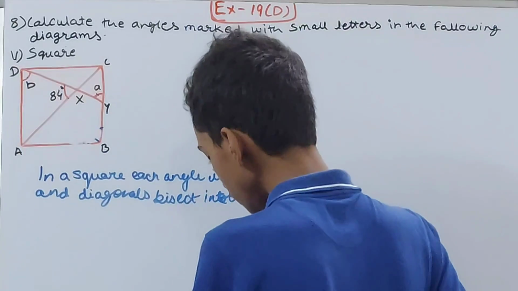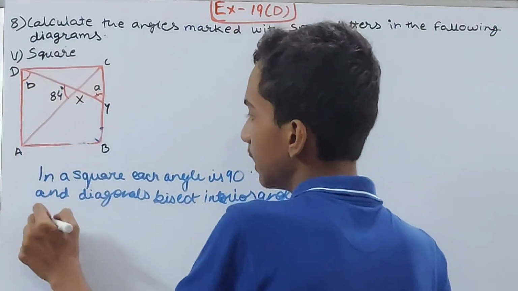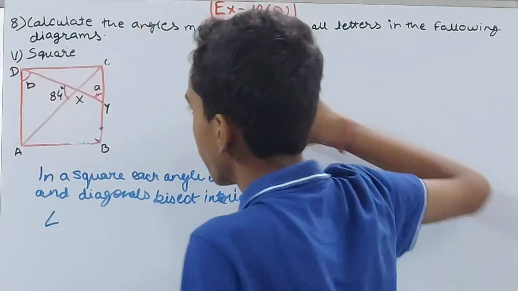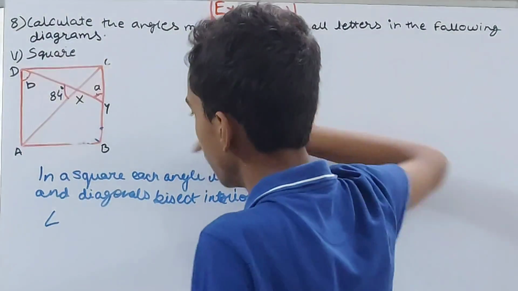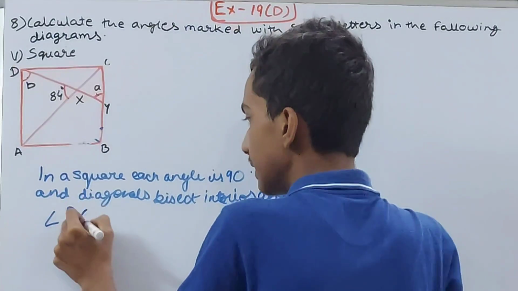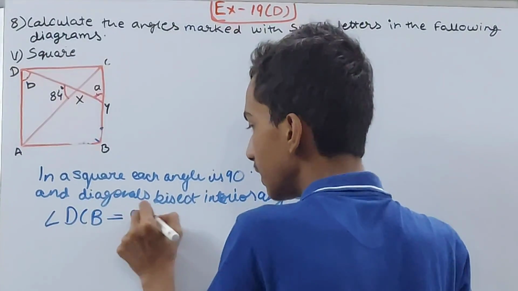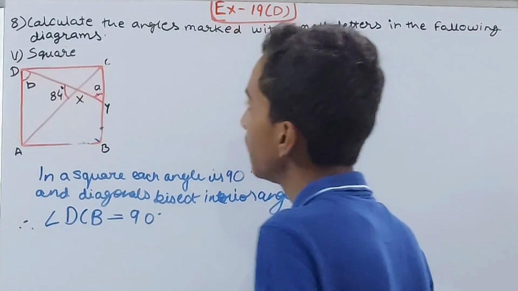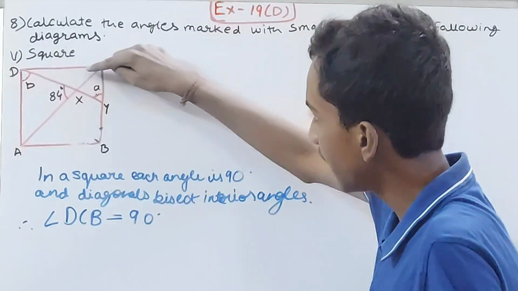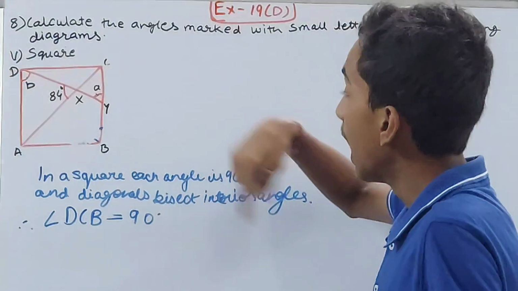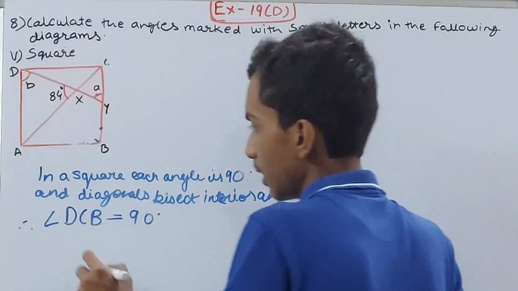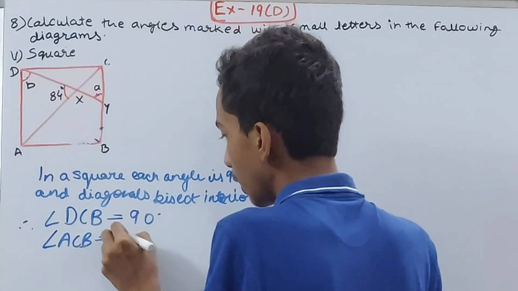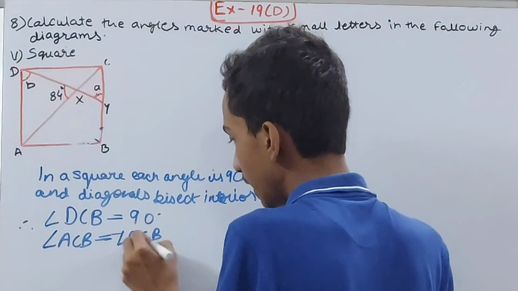Look, angle DCB will be equal to 90 degrees from the above property, right? This entire angle is 90 degrees, and half of this, angle ACB, will be equal to half of angle DCB.